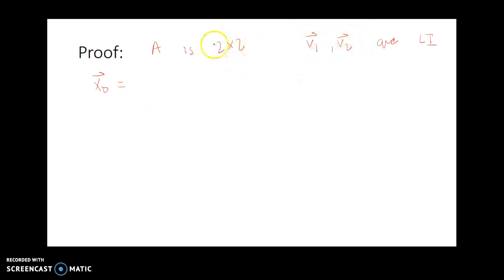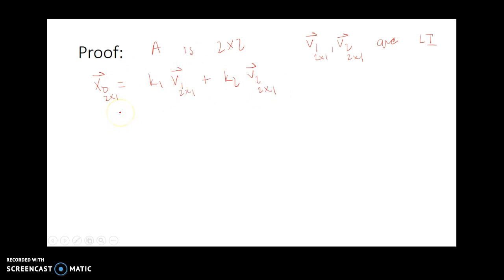If A is 2 by 2, these are 2 by 1 and 2 by 1, and my state vector is a 2 by 1. So I can express the initial state vector mathematically as a linear combination of the two eigenvectors. Because they're linearly independent, they're in the same space, so any vector in that 2 by 1 space can be created by those two eigenvectors.